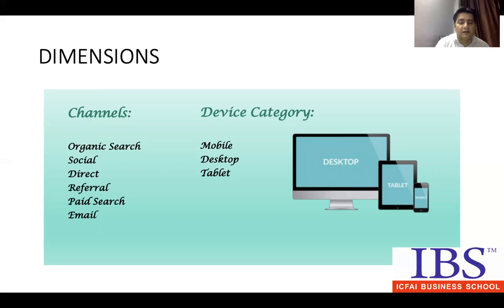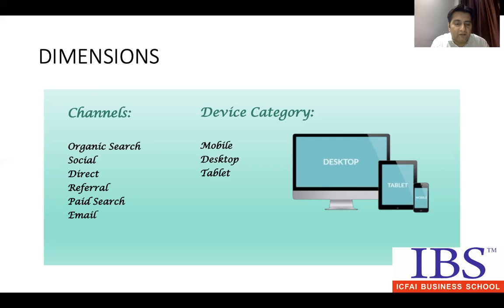As we grow, we are a brand, and people directly type our site name in the browser and land on our site. And maybe some referral links are there, through which they visit our site. The traffic can be through paid search, like search engine marketing, PPC, pay per click ads, or click ads on social media, and accordingly we can see whether traffic is coming from there or not.